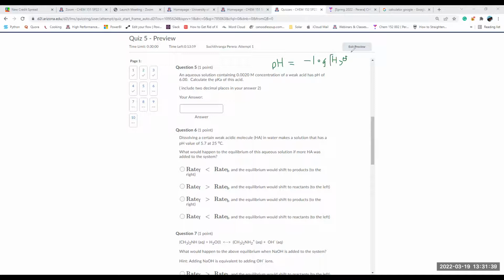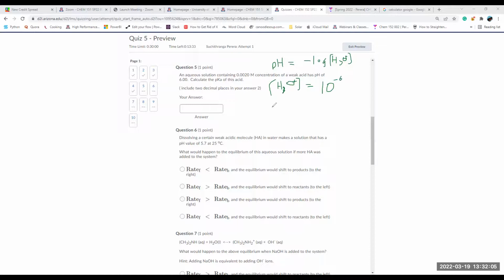We can calculate the H3O plus concentration. H3O plus concentration is 10 to the power of minus pH, which is 10 to the power of minus 6.